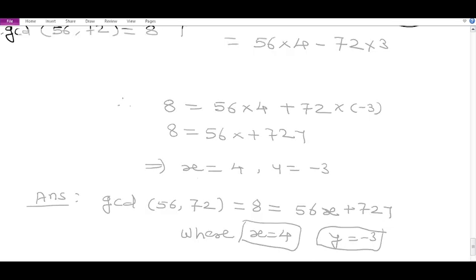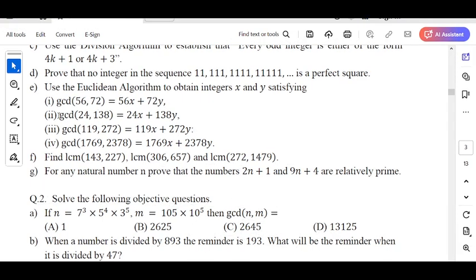Now similarly you can solve this example. GCD of 24 and 138.